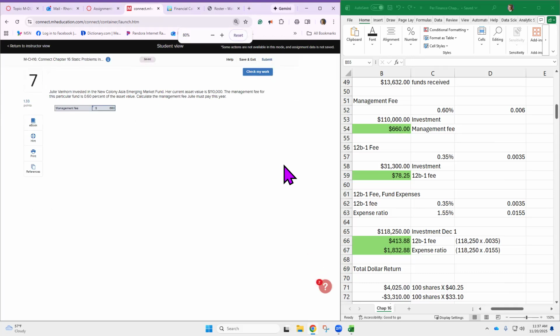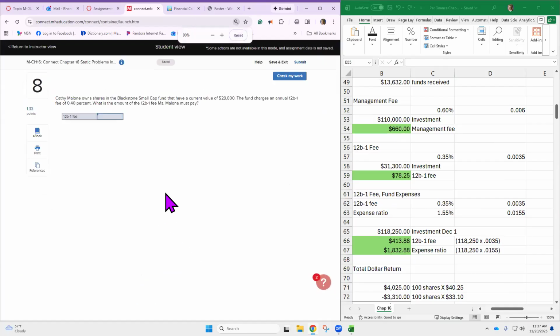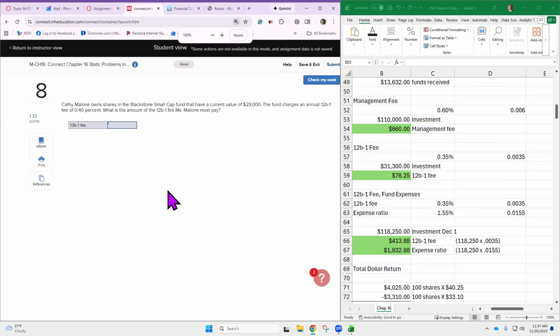Okay. Number 8. All right, another kind of fee. It's just called a 12B1 fee. I took a big test over a lot of this stuff to be able to be a financial advisor. I've lost my license since because I didn't keep it up, but I should have.